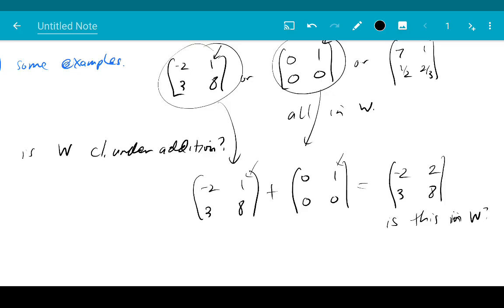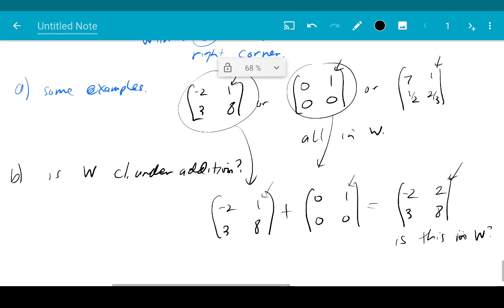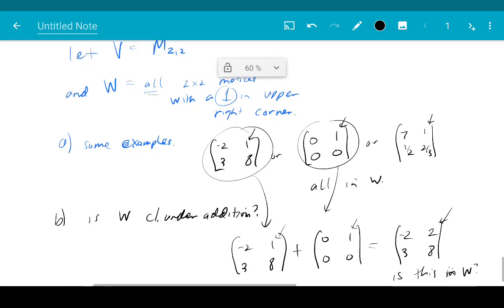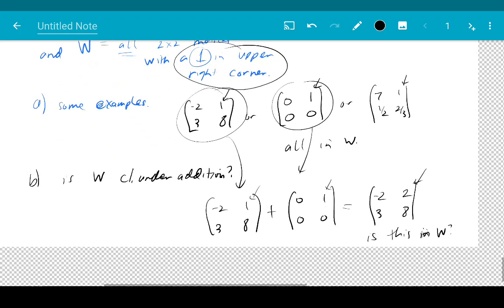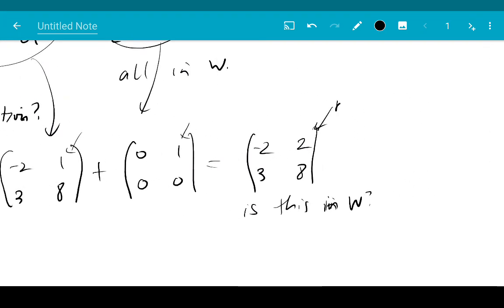Well, not only is it not always going to be in W, in this case, it's not. This one's not in W, right? Why is it not in W? Because W is a set of all 2 by 2 matrices that have a 1 in the upper right corner. Does this matrix have a 1 in the upper right corner? No, it has a 2.